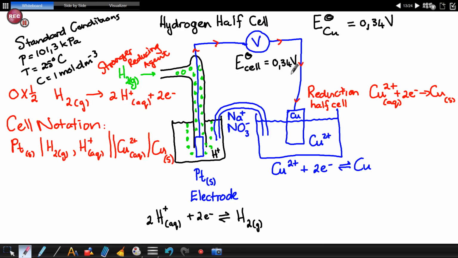Okay. Now you're going to use this reading to calculate the copper's electrode potential under standard conditions. So our equation is the cell potential is equal to the cathode's reduction potential, cathode, minus anode.